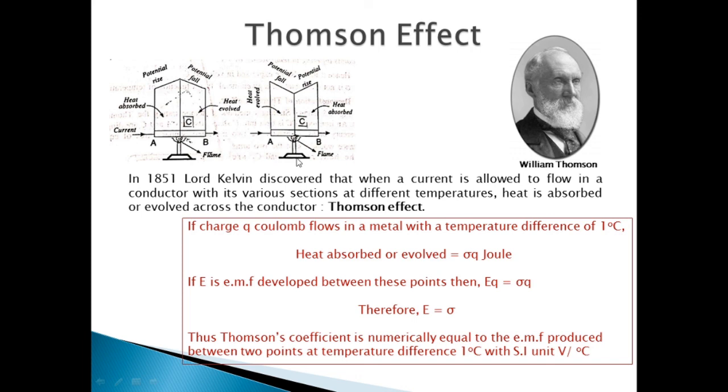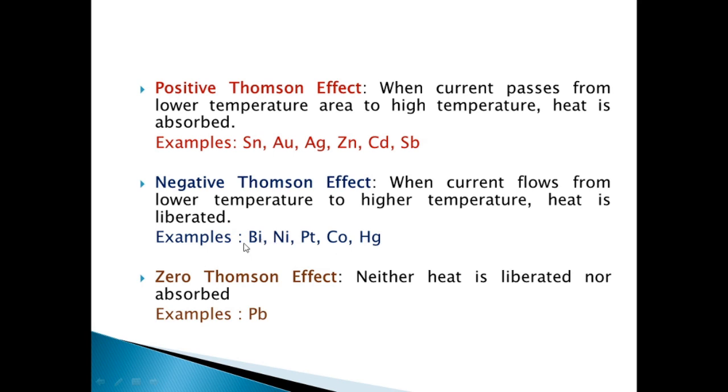So what happens in a positive Thomson effect is just opposite in the case of negative Thomson effect. These are the materials which exhibit this phenomenon. In the zero Thomson effect, neither heat is liberated nor absorbed, and one example is lead.